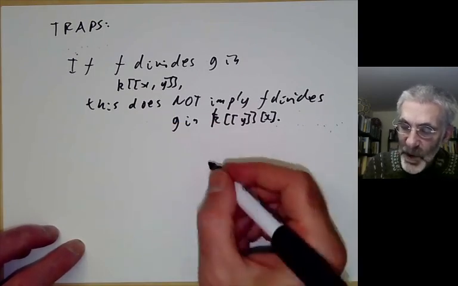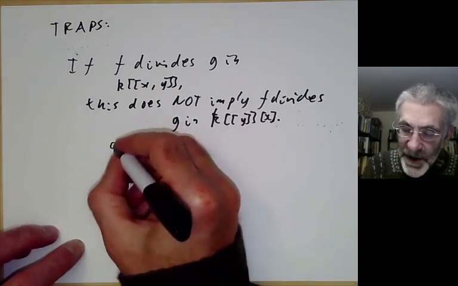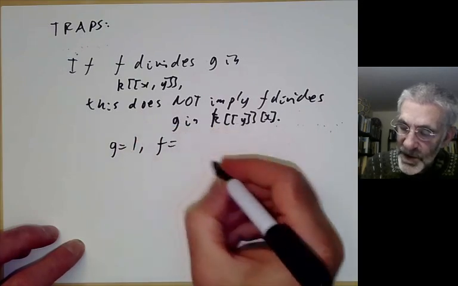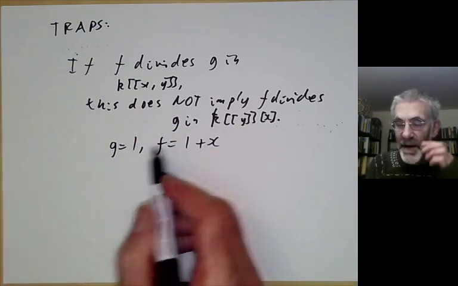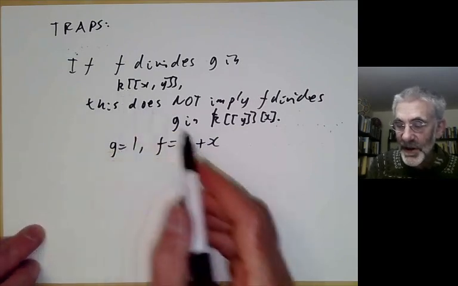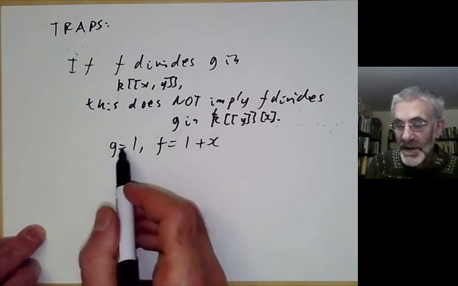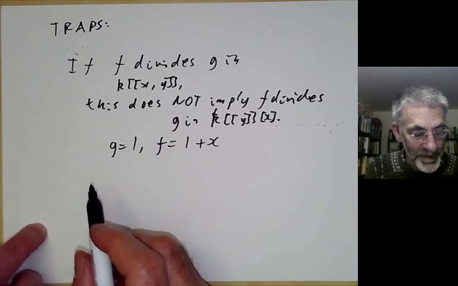For instance, we might have g equals 1, f equals 1 plus X, and these are both units in the power series ring, but obviously f doesn't divide g in the polynomial ring.